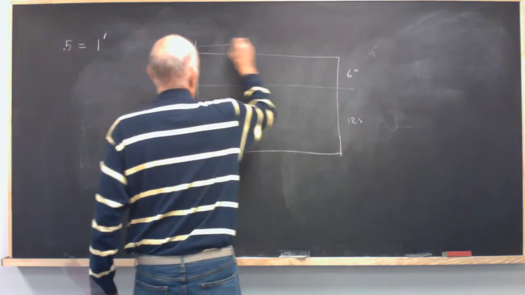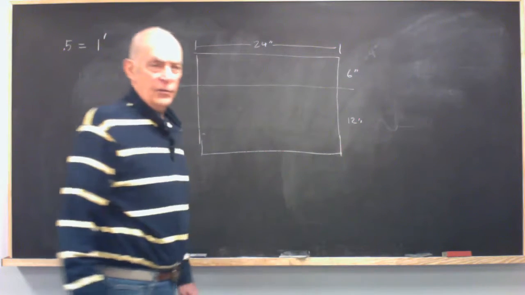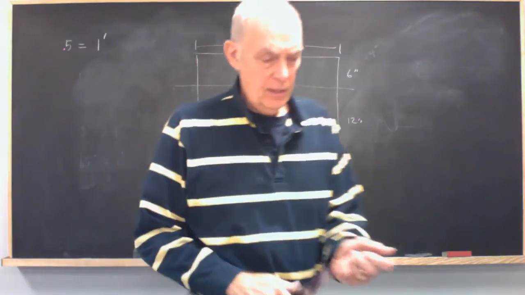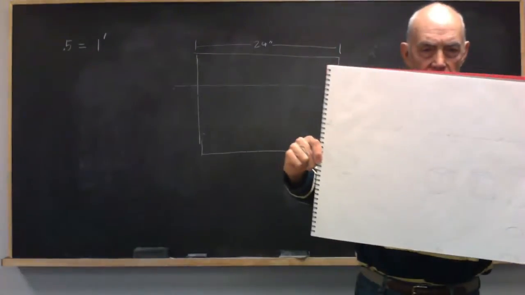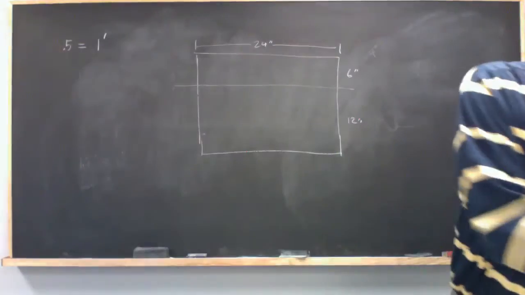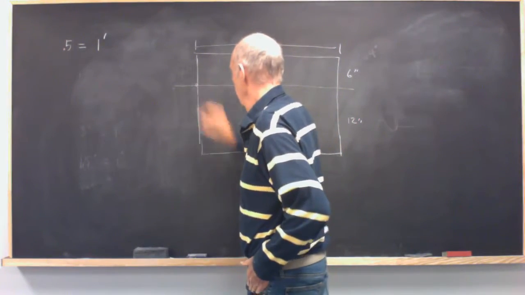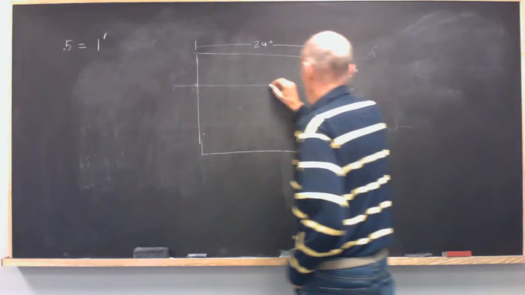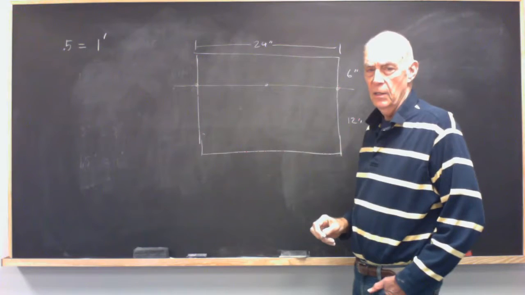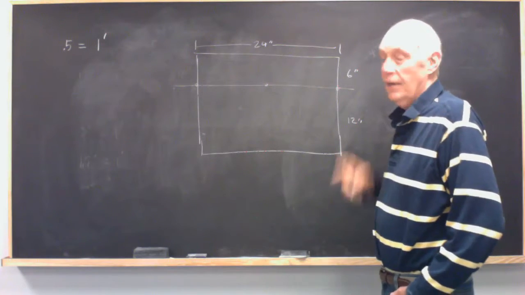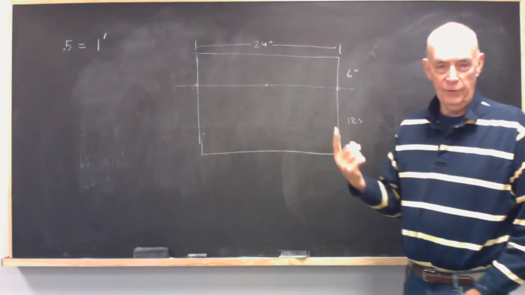This is 24 inches. With the drawing pad I had you buy, it would be this one right here. I would have a vanishing point over here, and a vanishing point over here, and a vanishing point right in the center. Well, we're not going to be drawing anything to scale. We're going to be drawing a wall that is 8 feet tall, and I am 6'4", or you are 6'4".